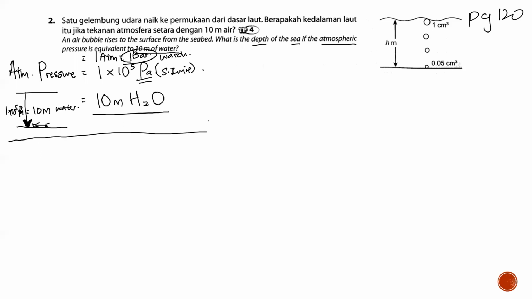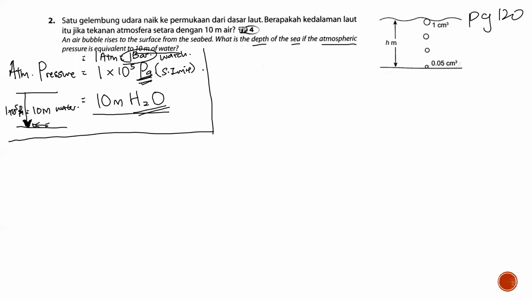Okay, so far understand this? Pressure can be written as Pascal or as 10 meters of water. Okay, so now they ask, what is the depth of the sea if the atmospheric pressure is equivalent? Now we look at the bubble first.